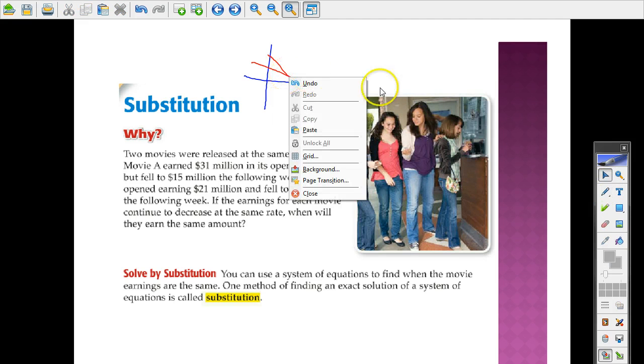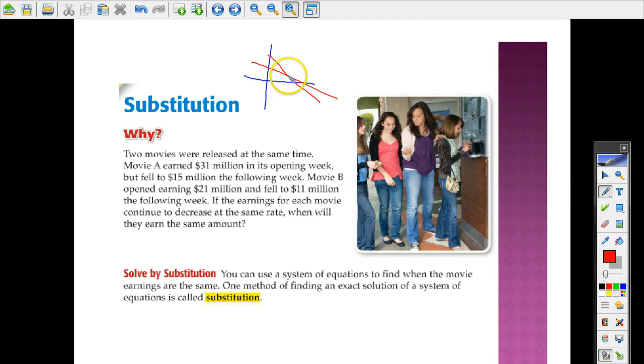Where they meet is where they have the same rate, and that's what we're looking for here. So today, when we learn about substitution, instead of graphing it, is there a way we can find out where those two meet? That's called substitution.